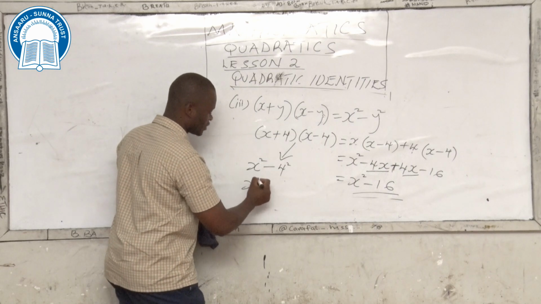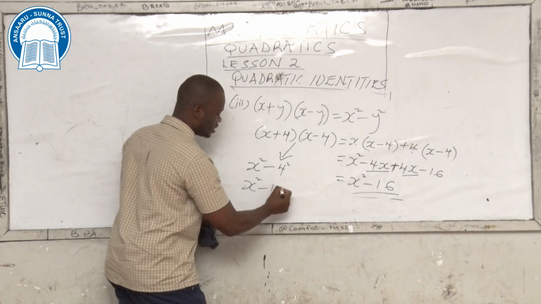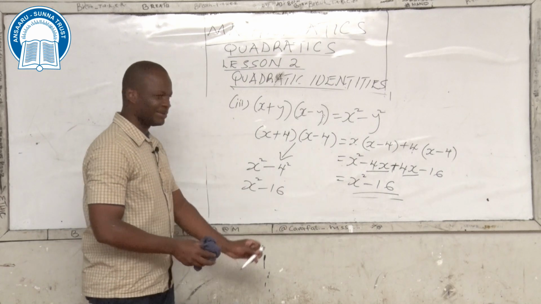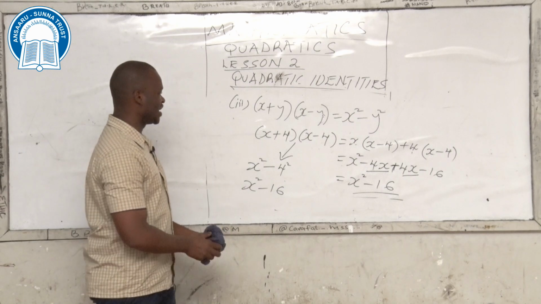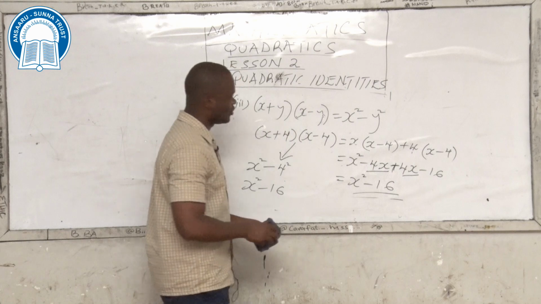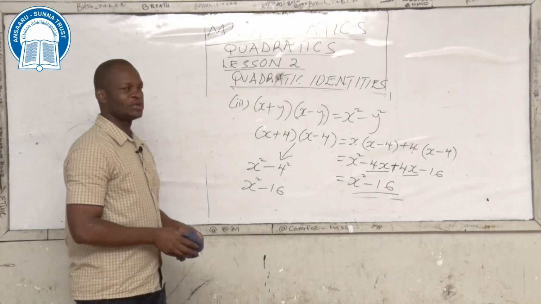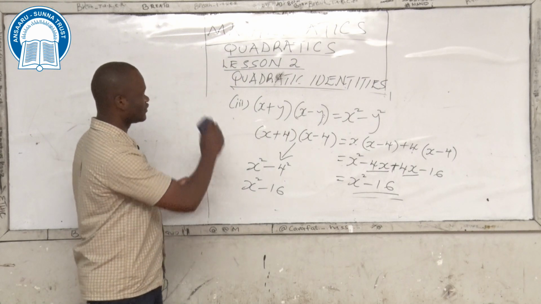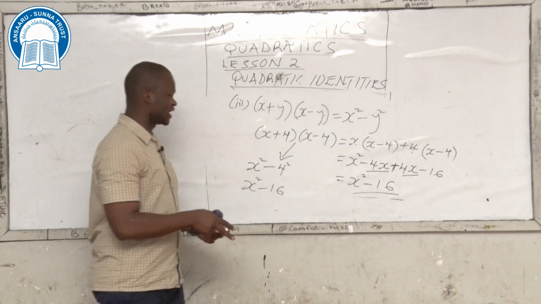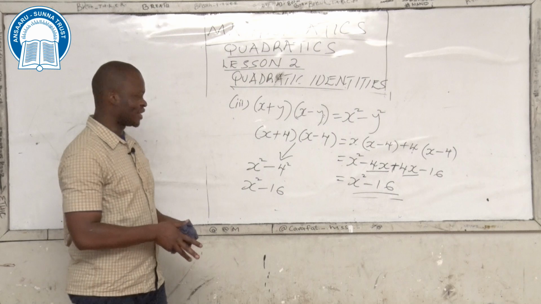In the end, you end up with x squared minus 16. So quickly, just 2 or 3 examples, and we are done with today's lesson. And this will be lesson 2. Maybe lesson 3 will go on to discuss other aspects of these topics, including algebraic fractions, including quadratic equations.